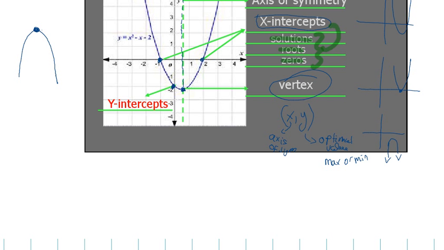So if the question is asking you to solve for the solution, they're asking you to find the x-intercept. If the question is asking you to find the roots, it's asking you for the x-intercepts. If it's asking you for the zeros, it's asking you for the x-intercept. It's different words that mean the same thing. Okay? Are we okay with that?